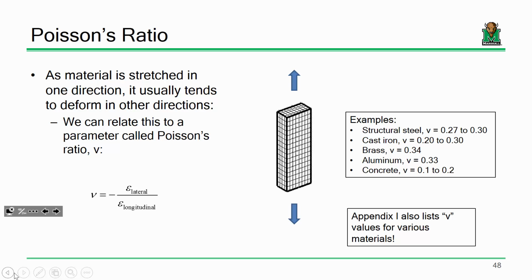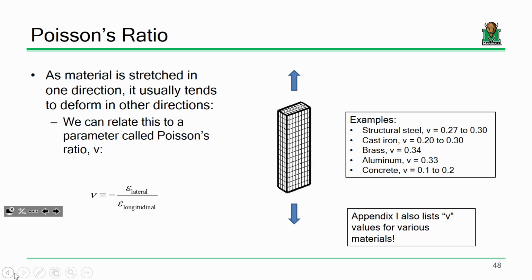Now, this is a material characteristic, okay, just like E. You know, steel has a different E value than aluminum, than copper, than brass, and what have you. Well, the Poisson's ratio for materials is similar. This is something that you would test and measure, okay? For structural steel, a very common value is 0.3. For concrete, a very common value is 0.2, okay?